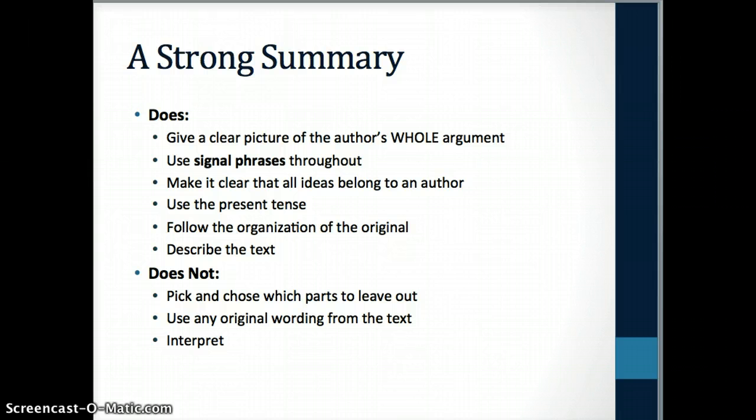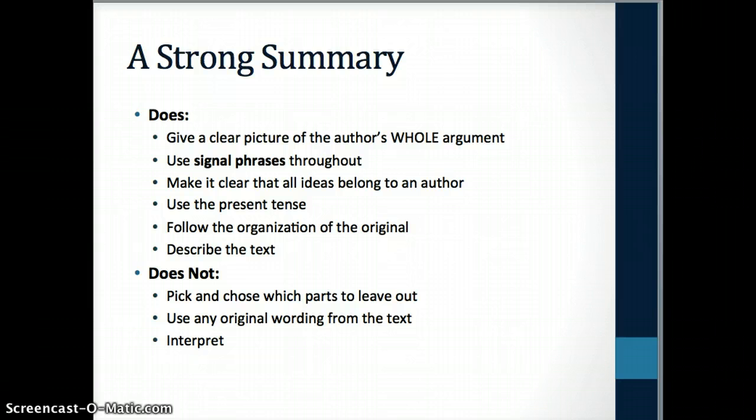text. And most of all, a strong summary is a description of the text, not just what the author said, play by play, but it gives some sense of why the author said it and what the author is doing. That is, a strong summary uses an analysis of those strategies we've been talking about. A strong summary does not pick and choose which parts to leave out.